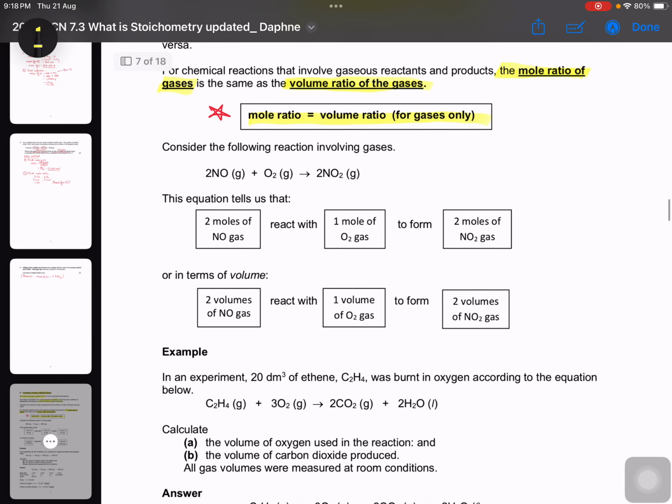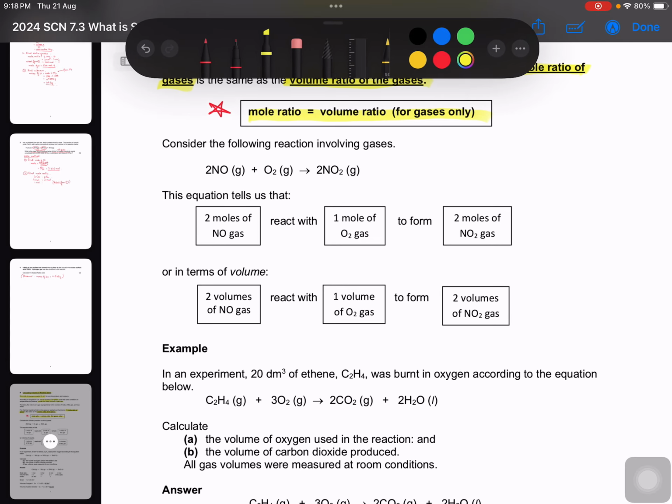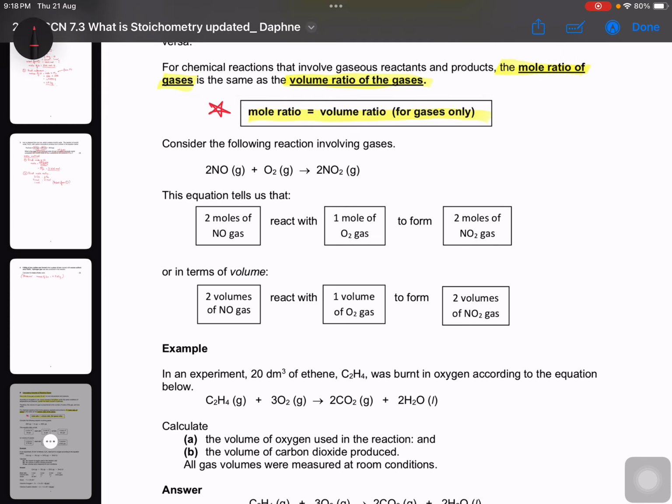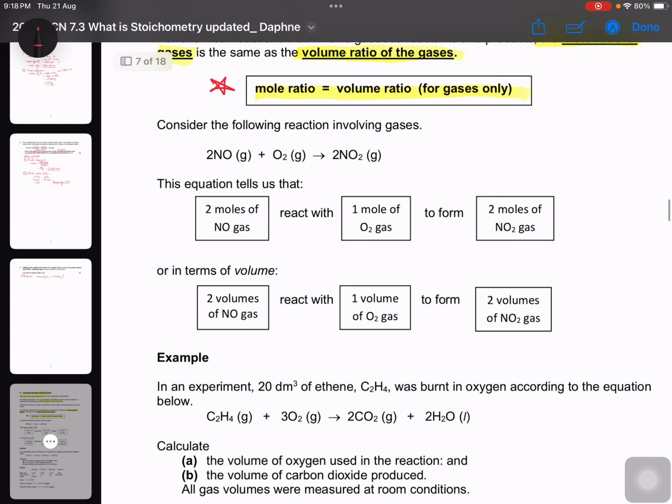How do we use this in a question? Let's further explain this. If we have this reaction, 2 moles of NO, the 2 here tells us that there are 2 moles. 1 mole of oxygen, because there's no number written in front means 1. And there are 2 moles of NO2. Now, this is in terms of mole.